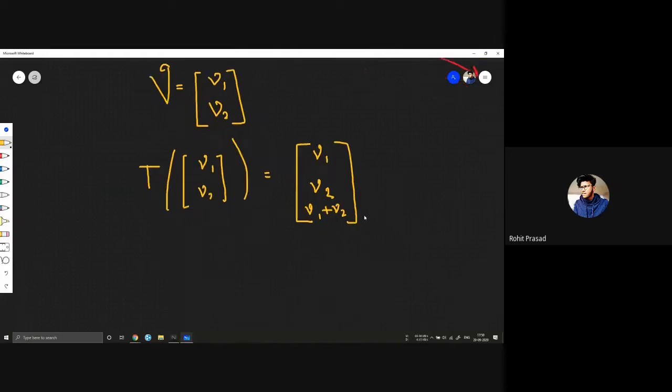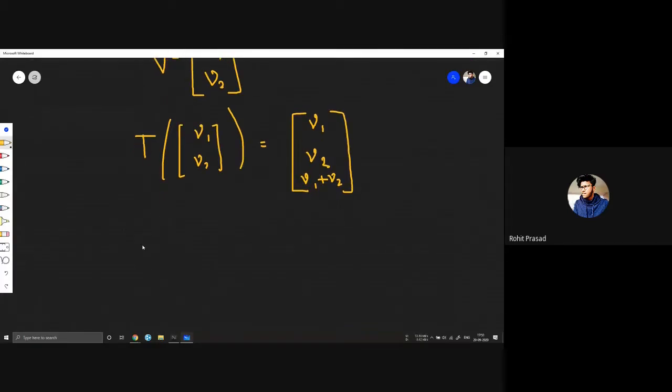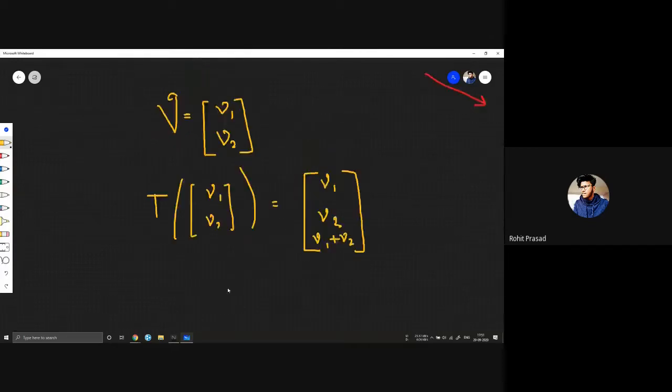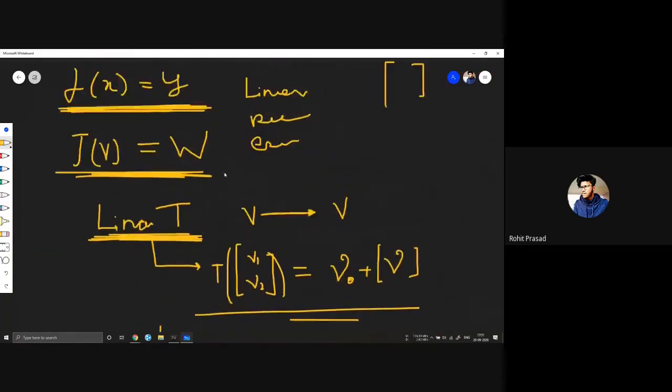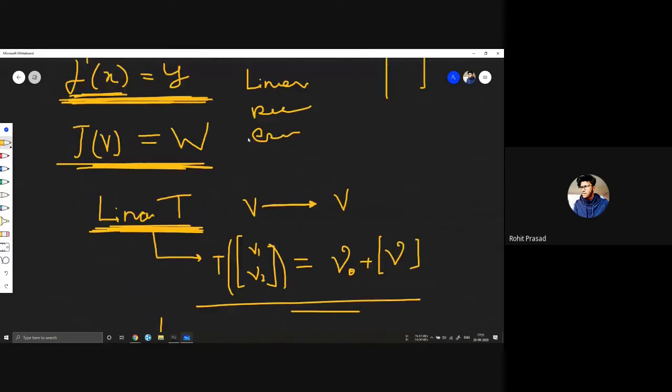So there are some kinds of transformation that can be mapped to a matrix. Just like this thing, f(x) can be expanded as x square plus 2x plus 3, plus something constant like that.